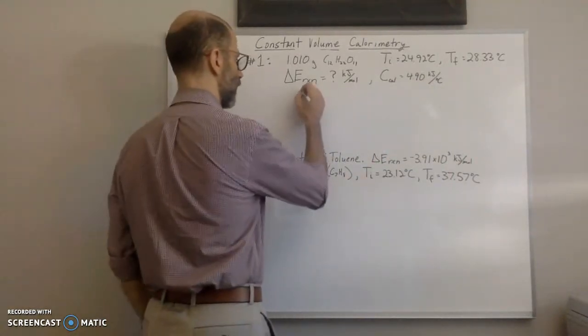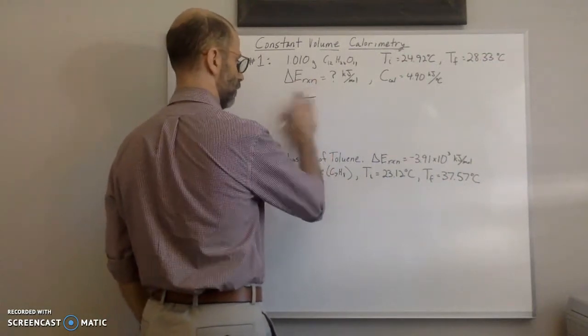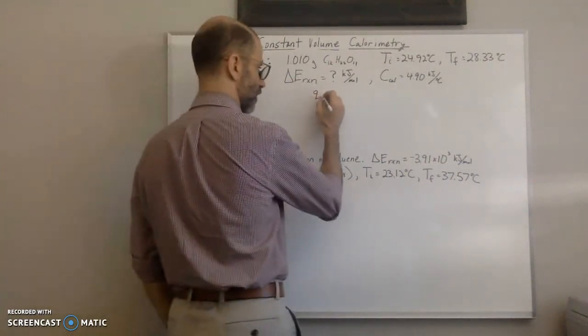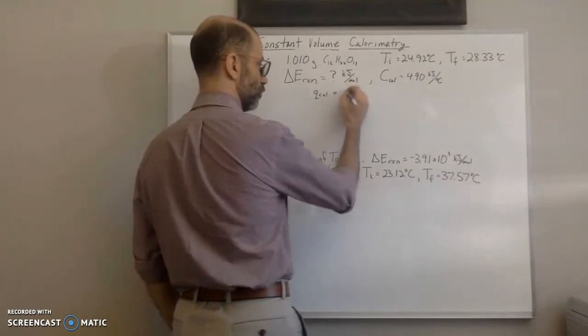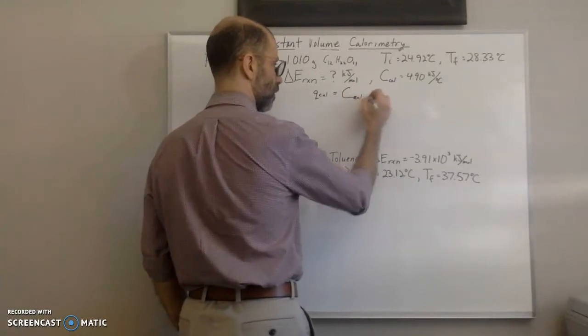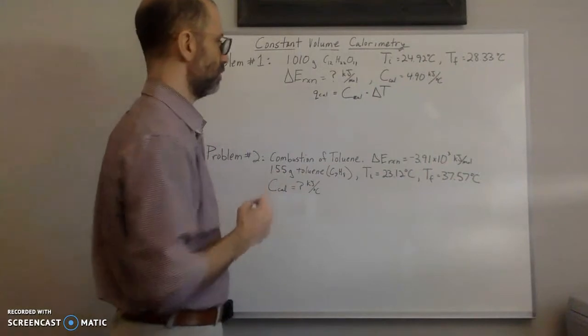So the change in energy, or we could say the Q of the calorimeter, is going to be equal to the specific heat of the calorimeter multiplied by a change in temperature.